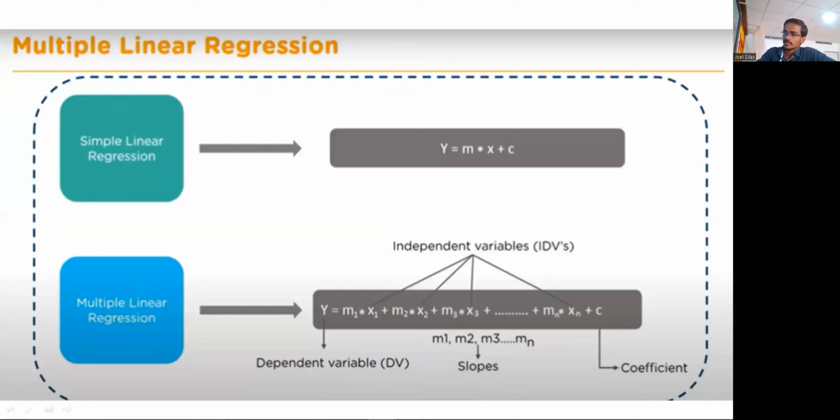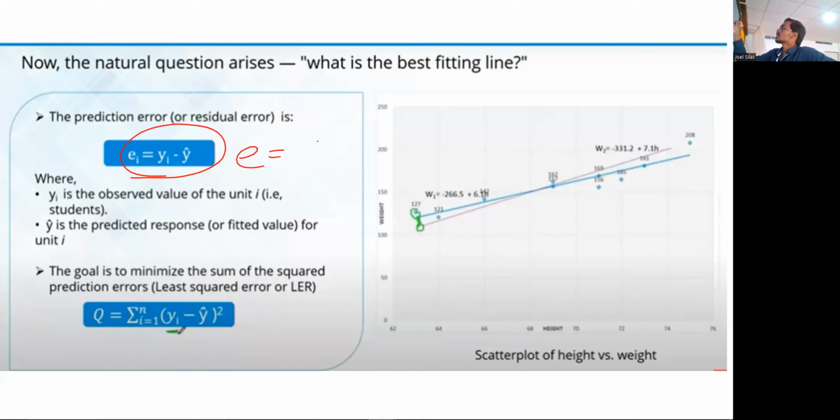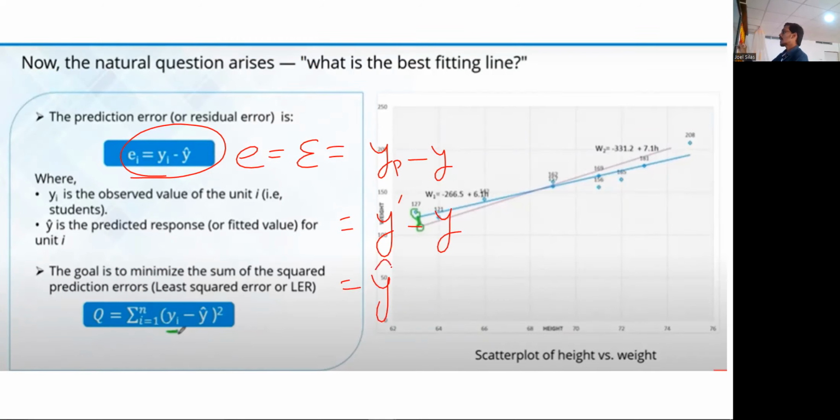As I mentioned earlier, the error, either you write as E or epsilon, or difference between y predicted and y actual, or you may write it as y dash and y, or you may also write it as y cap or y hat minus y. Okay, it all means the same thing.